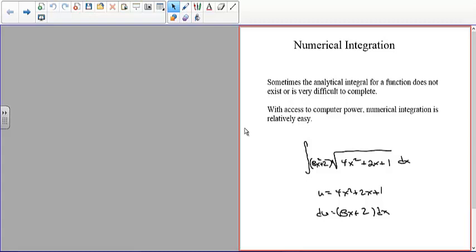If you tried to use U-substitution, make that U, and you took the derivative, you'd get 8x squared plus 2, and we can't do it. If it was 8x plus 2, we could do the integration, but if it was 8x squared plus 2, we couldn't. So how do you approximate the area underneath the curve without doing the analytical solution?